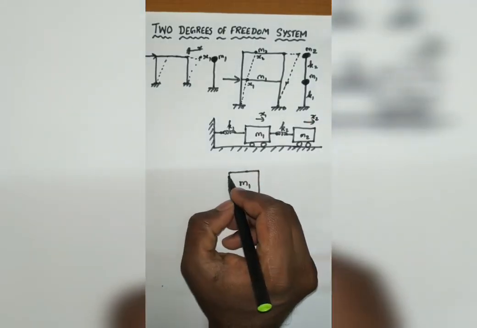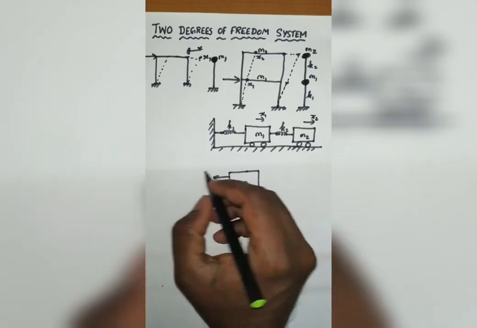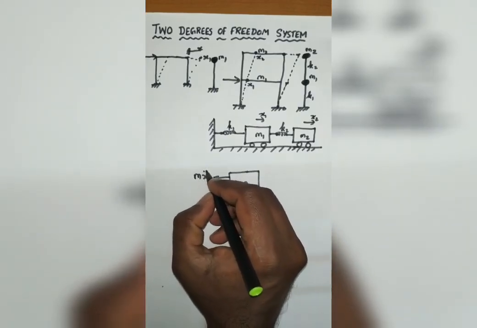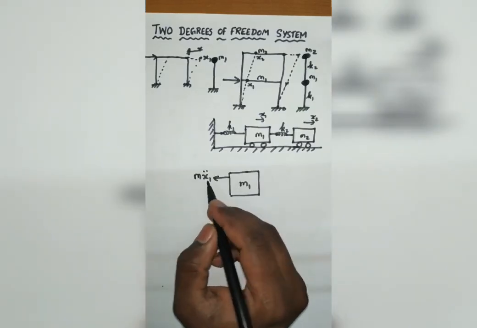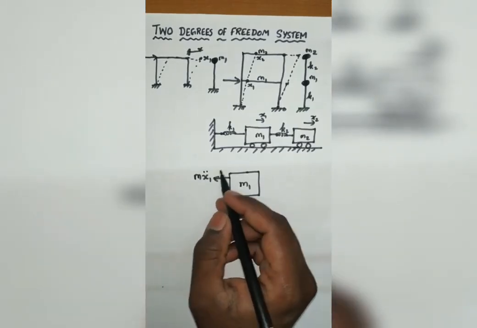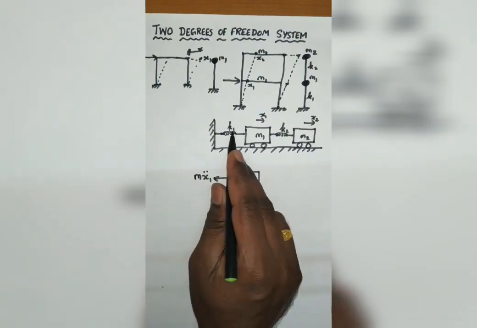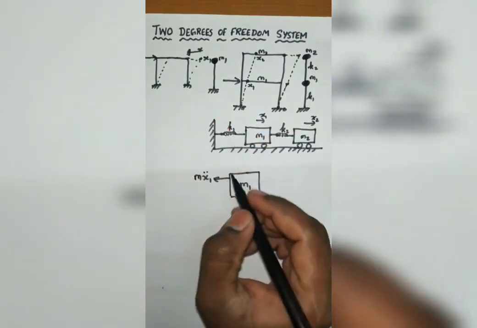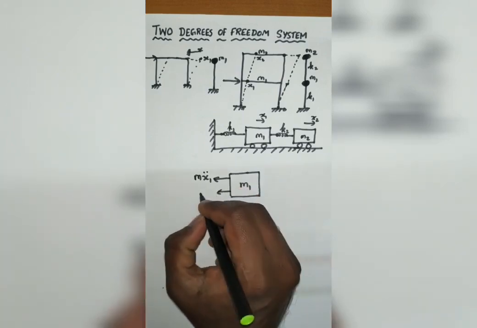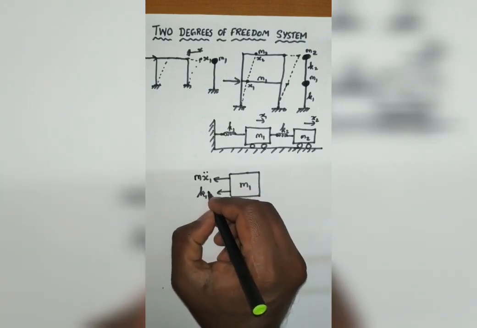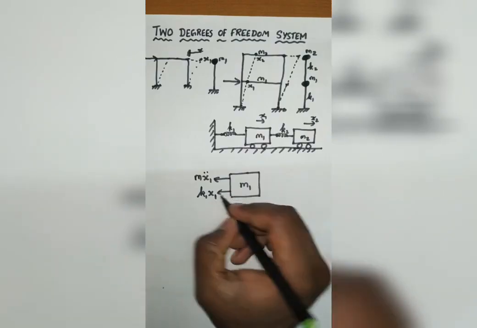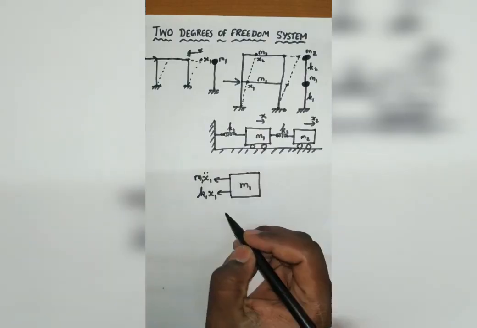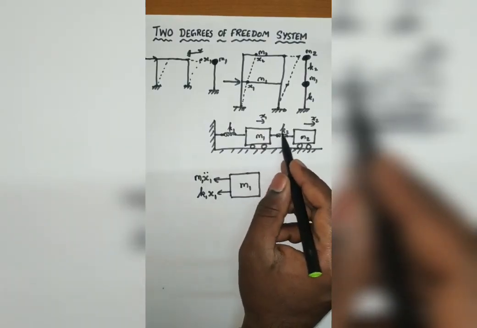So obviously I'll be having inertia force, that is M1 x1 double dot. This I got from Newton's second law of motion, and the spring force will be there, which will be acting opposite to the direction of applied force, and this is K1 x1. So this is M1 x1 double dot, K1 x1, right? And here I have stiffness.